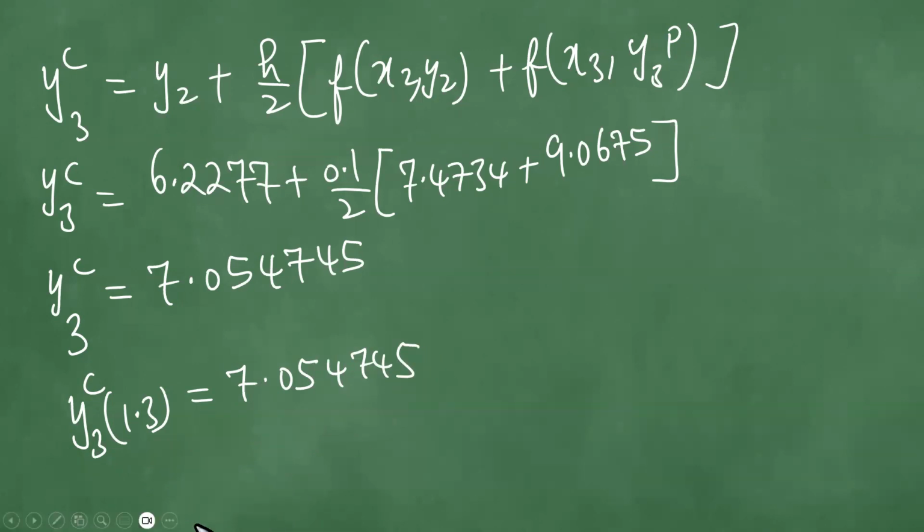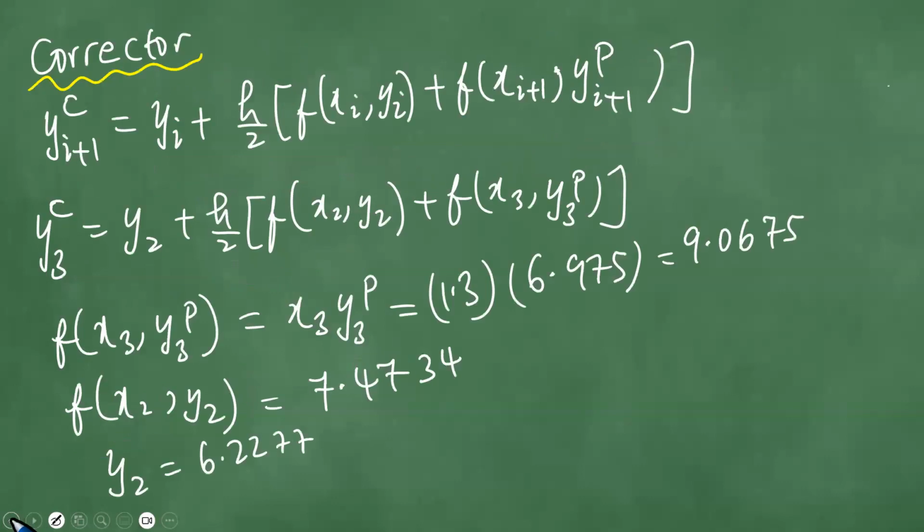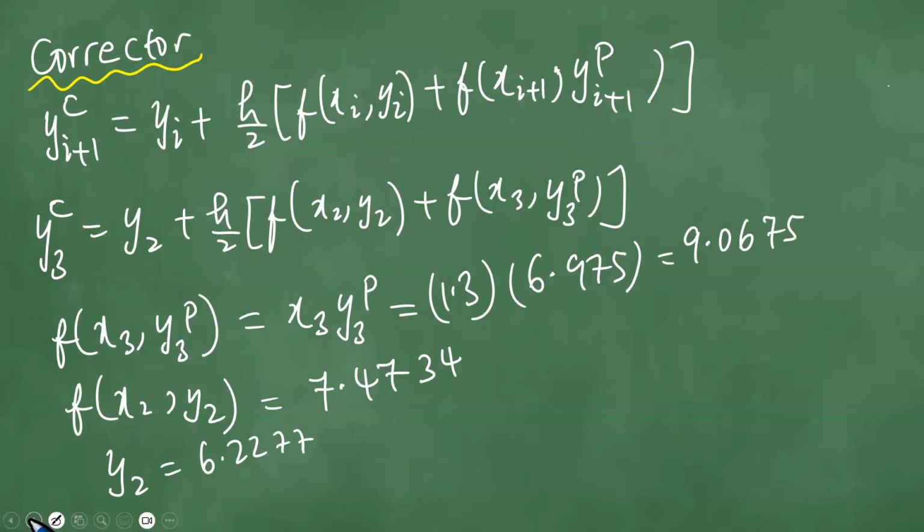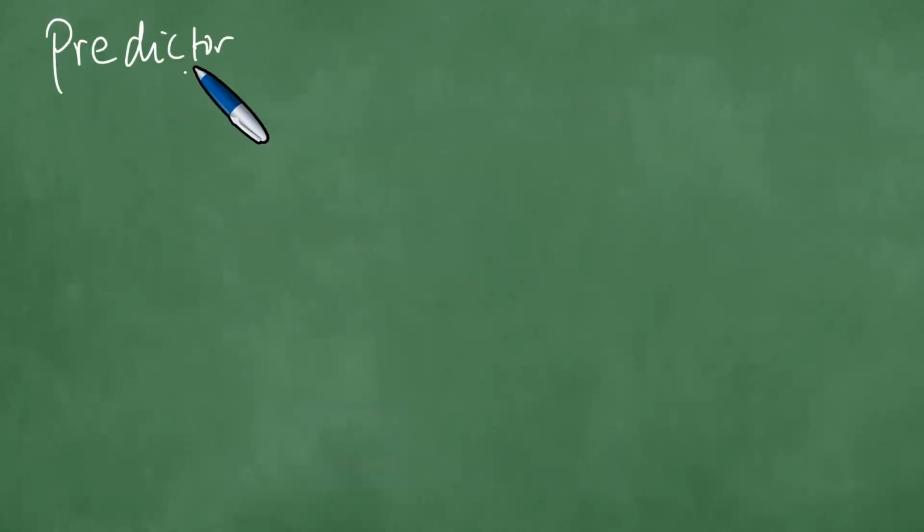Okay, the next thing is to do the last one, and then I'm going to give an exercise. There are many; I have lots of them that I've worked through. Let's look at the next step, which is y4, because we did x3 predicted, then we're going to do x4 predicted. Predictor. So for the predictor, we first do x4. What is x4?